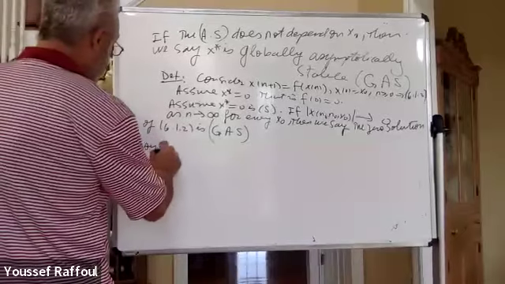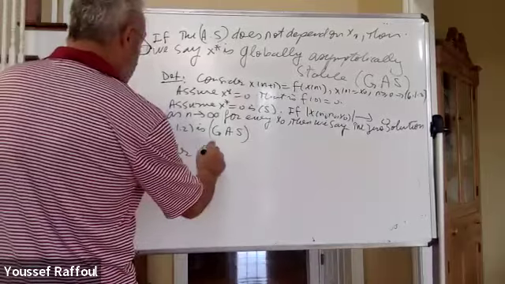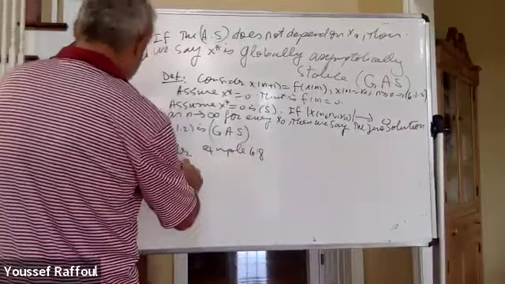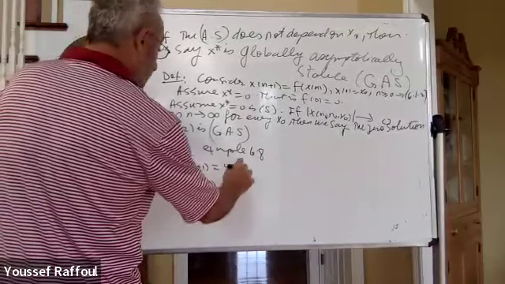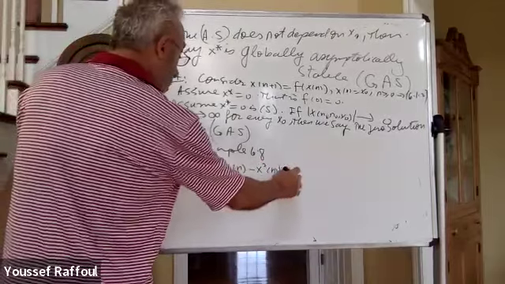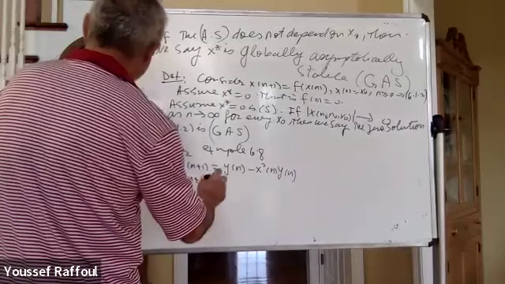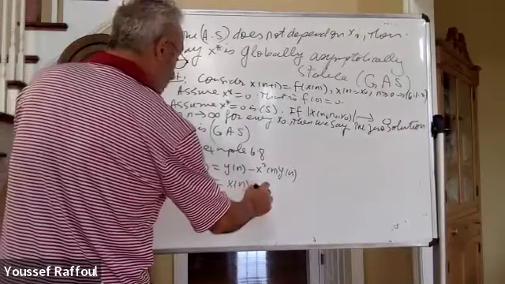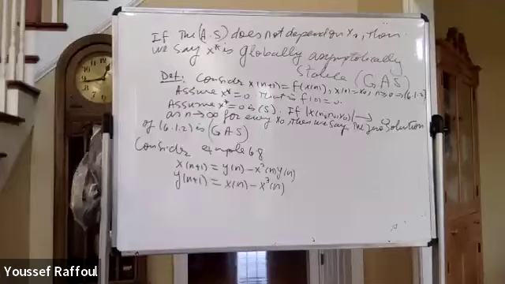Let's consider example 6.8. We're going to have x(n+1) equal y(n) minus x squared of n times y(n), y(n+1) equal to x(n) minus x cubed of n.